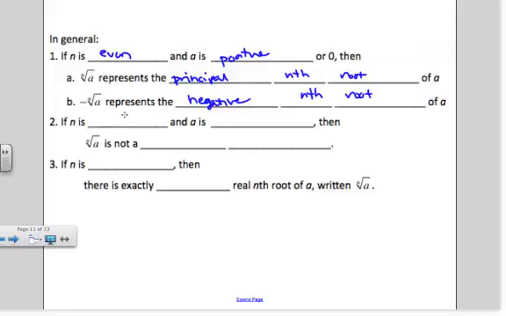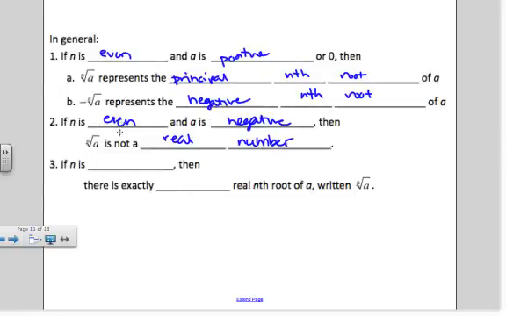Okay, and if n is even and a is negative, then the nth root of a is not a real number. And we're going to leave it at that. Okay, so if I'm trying to take the nth root of a negative number, then it's just not real.